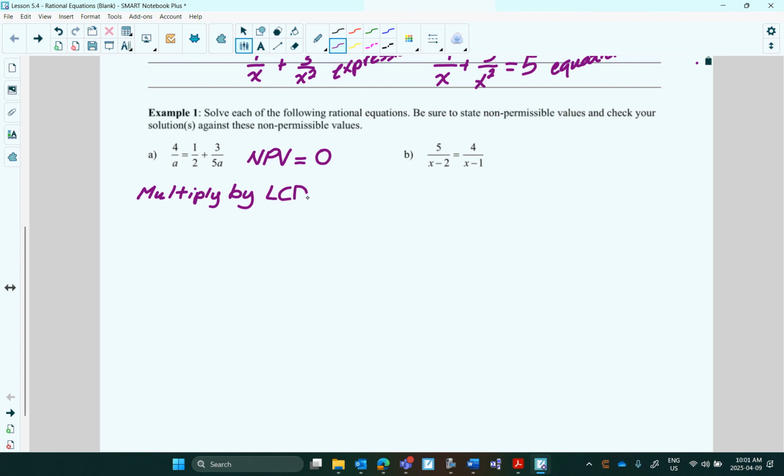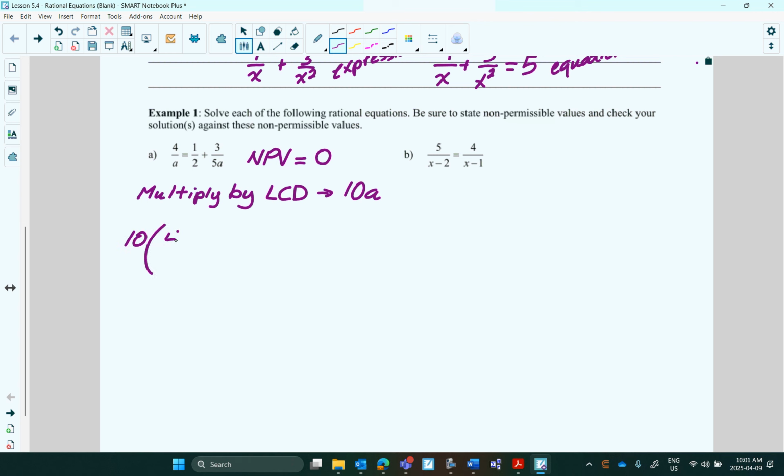What is the lowest common denominator of A, 2, and 5A? 10A. Exactly. Because remember, find the LCD of 5 and 2, which is 10. But because there's A's in the denominator, there has to be an A in the LCD. So now we do this.